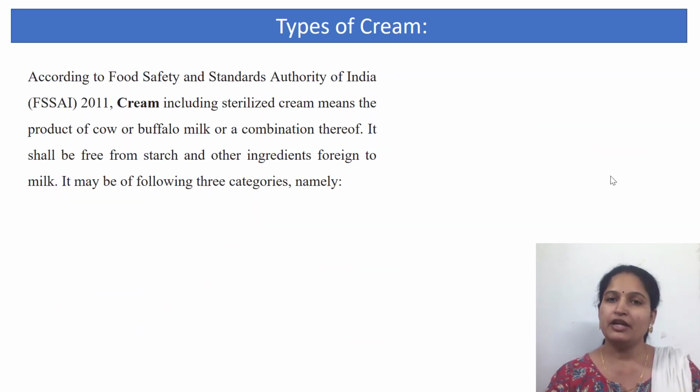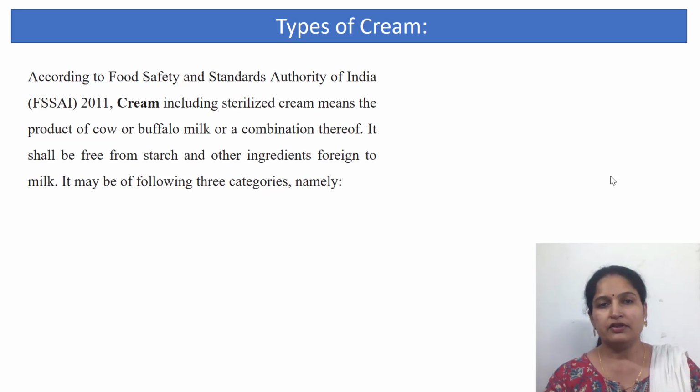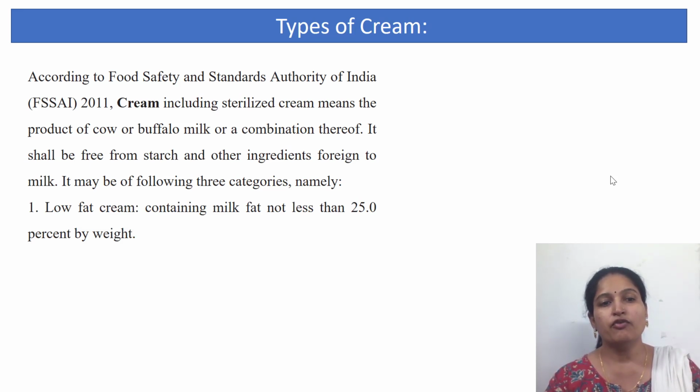Now types of cream. According to Food Safety and Standards Authority of India FSSAI 2011 norms, cream including sterilized cream means the product of cow or buffalo milk or a combination thereof. It shall be free from starch and other ingredients foreign to milk.